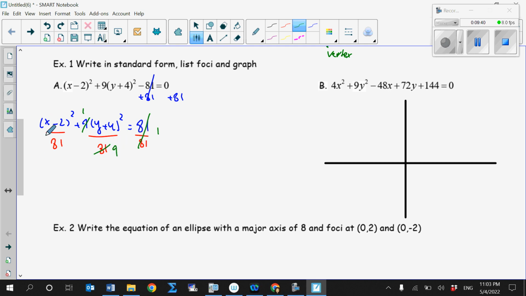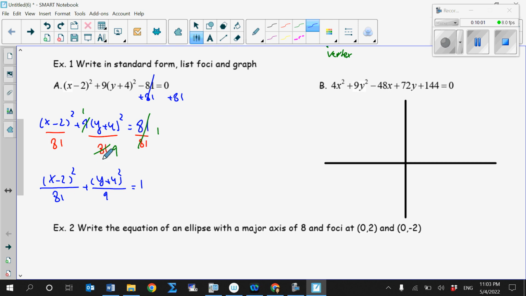And this one cannot be simplified anymore. So the equation will be x minus 2 squared over 81 plus y plus 4 squared over 9 equal to 1.